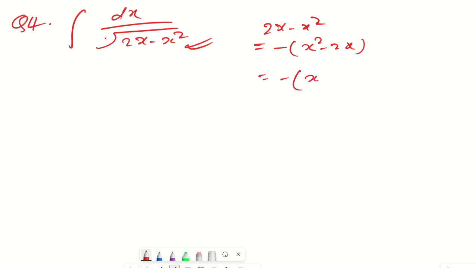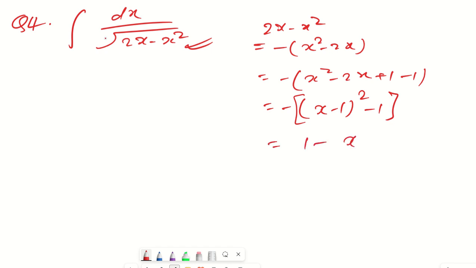Minus of x square minus 2ab, so 2a into b plus b square I can write. Okay, and then minus 1 we have to do. So we can write it down as minus of x minus 1 whole square minus 1. So I can write it down as 1 minus x minus 1 whole square, because I will take minus inside.